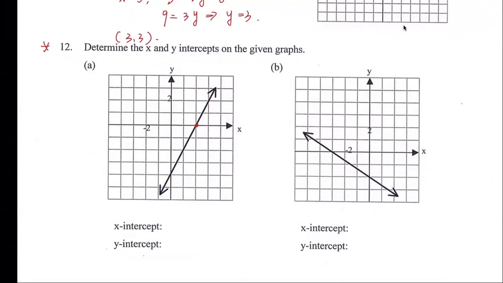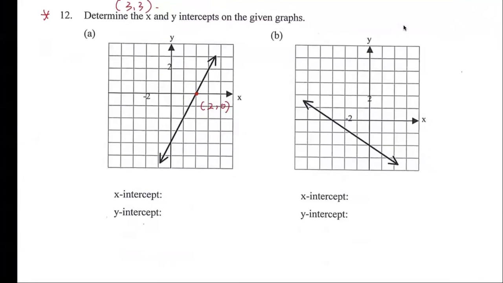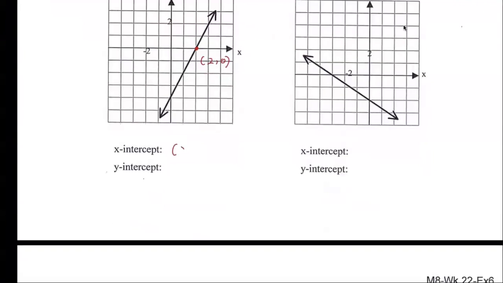So that's 1, 2. This point is 2, 0. Okay, so if you see this kind of question in your exam, if you write 2, 0 here, I would consider that answer correct.